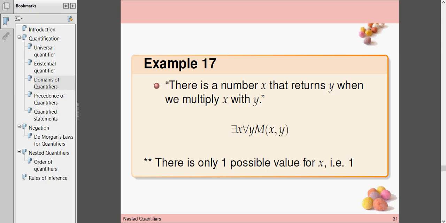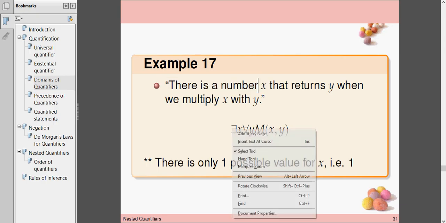Okay. There is a number X that retains Y when we multiply X with Y. So the domain here is numbers. There is a number, that means there exists. He didn't say for all numbers, he said there is a number.